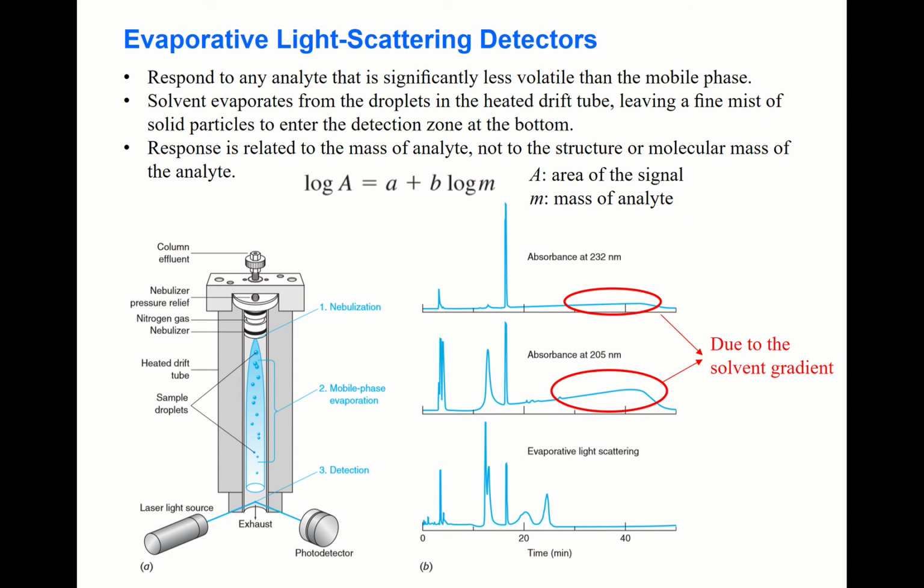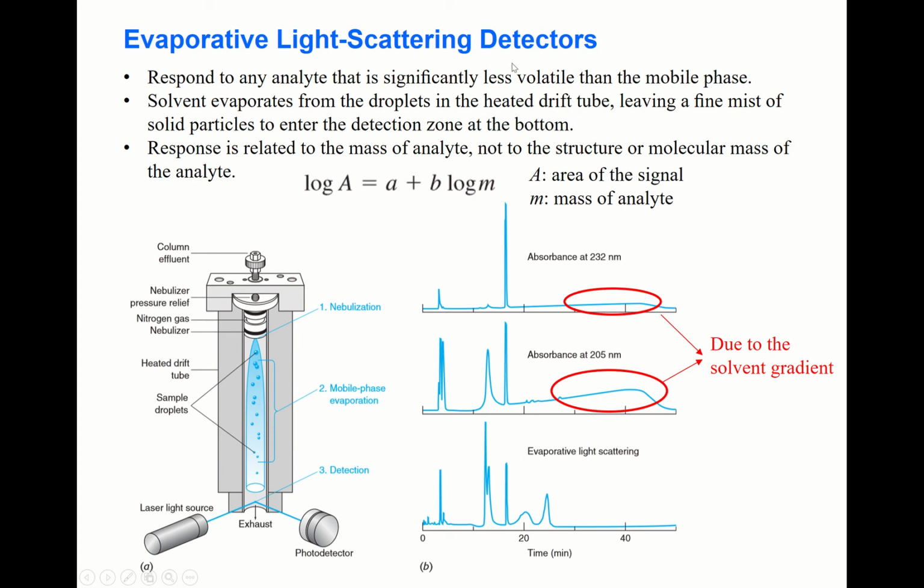That's what this nebulizer does. Then here it contains small droplets, this is your analyte, and also the mobile phase, but here the mobile phase is quite volatile.